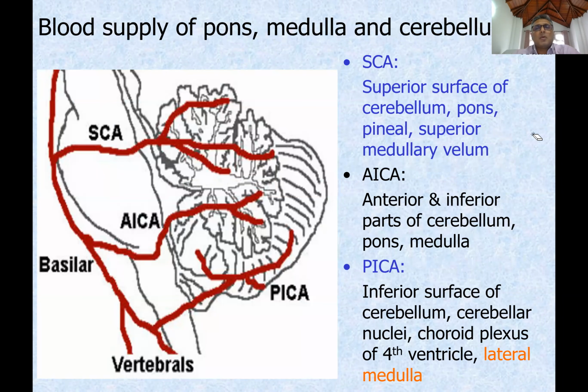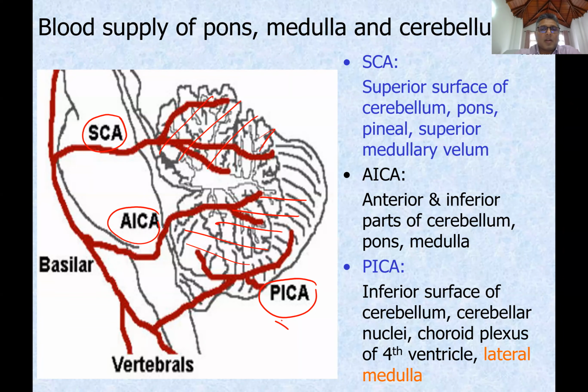Then the blood supply of the pons, medulla and cerebellum, we partly discussed this. We discussed the superior cerebellar artery already, the anterior inferior cerebellar artery and the posterior inferior cerebellar artery. And I told you the reasons why we call them superior, anterior inferior and posterior inferior. So this one supplies the superior surface, these two supply the inferior surface of the cerebellum.